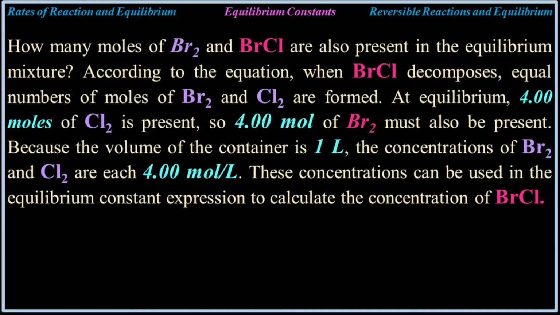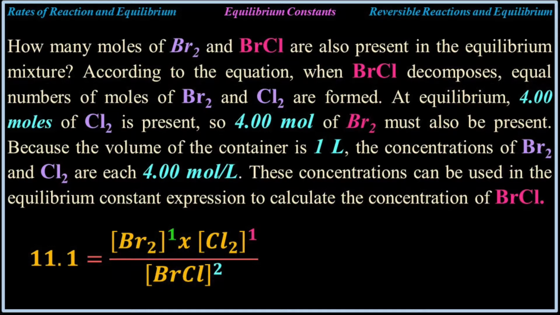So 4 moles of bromine must also be present. Because the volume of the container is 1 liter, the concentrations of bromine and chlorine are each 4 moles per liter. These concentrations can be used in the equilibrium constant expression to calculate the concentration of bromine chloride.